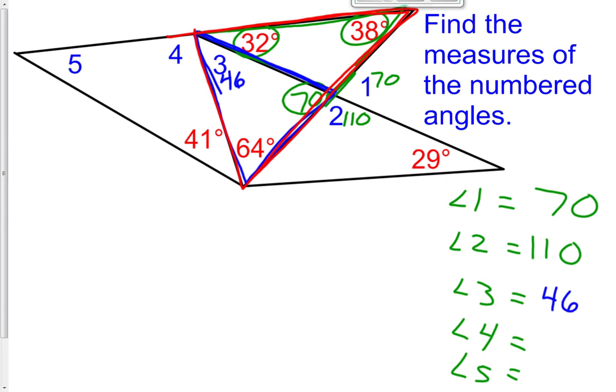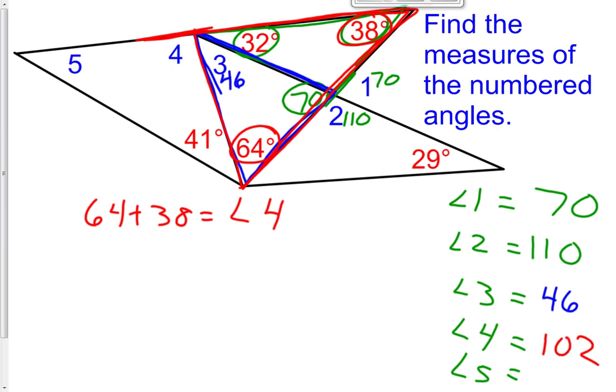It is the exterior angle of the remote interior angles of 64 and 38. So you could add up 64 plus 38, and that equals the exterior angle, which is angle 4. So if we add up 64 and 38, we get 102 degrees. So angle 4 equals 102 degrees.